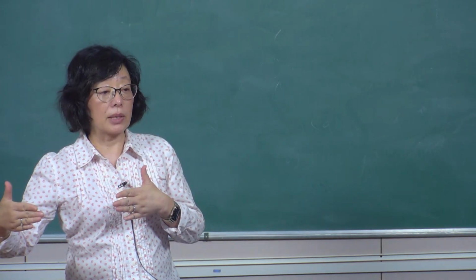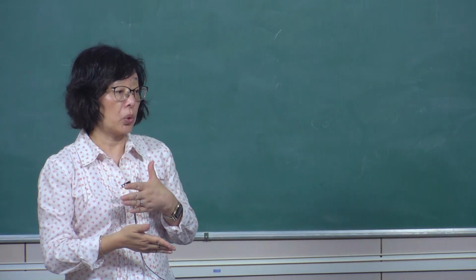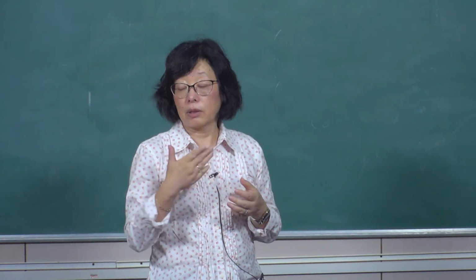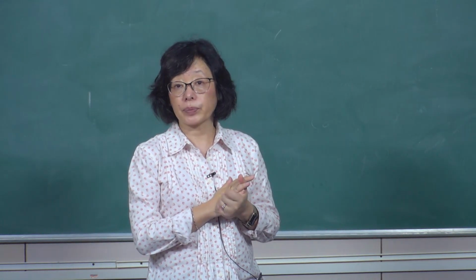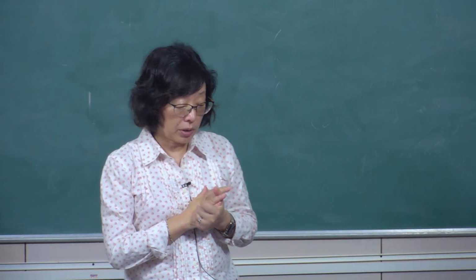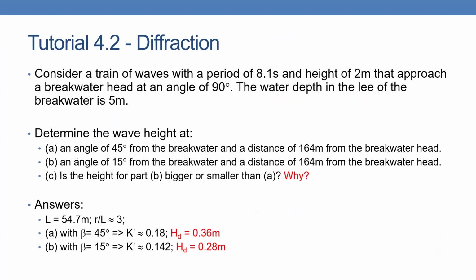It's only 0.6 meters. At the breakwater head it is 2.2 meters. So that's due to the diffraction effect. The wave height has been reduced. So this is a diffraction example. Okay, so if no question, we just keep going on.